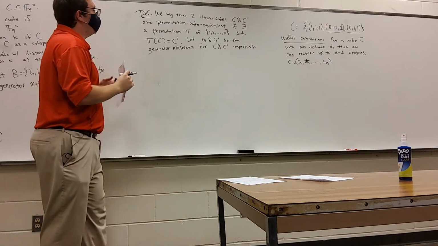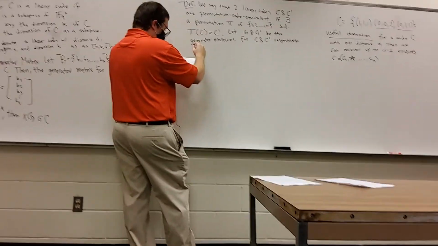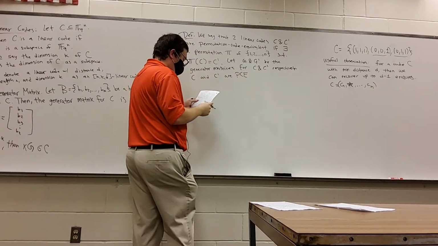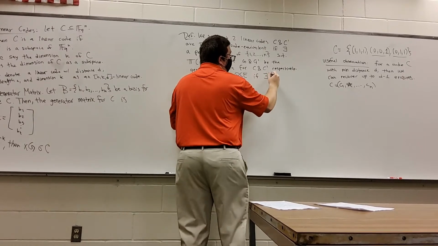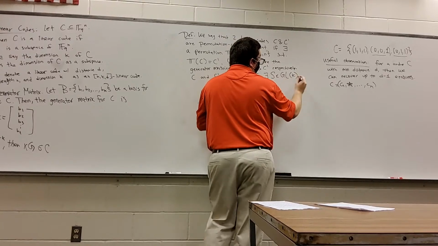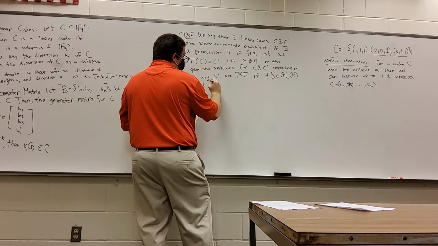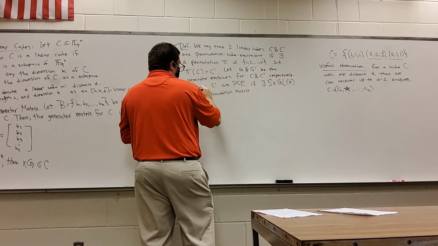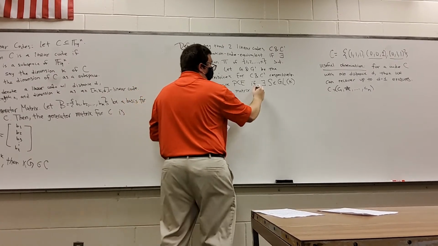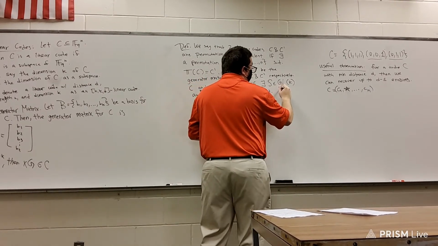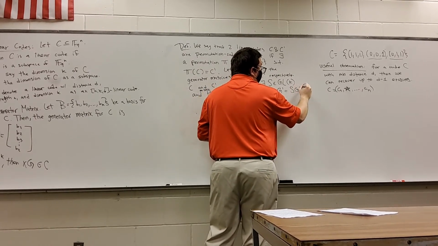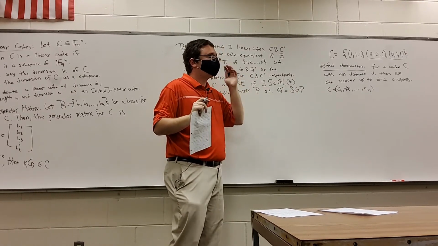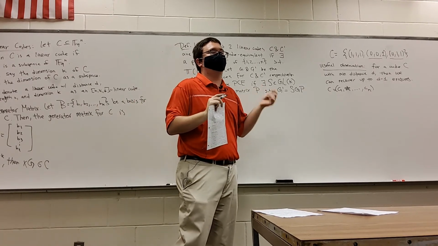An alternate definition is that C and C prime are permutation code equivalent if there exists an S that's invertible and a permutation matrix P, n by n, such that you can write G prime equal to S times G times P. And this S here, just think of it as a change of basis matrix, because again, the choice of basis will change your generator matrix.